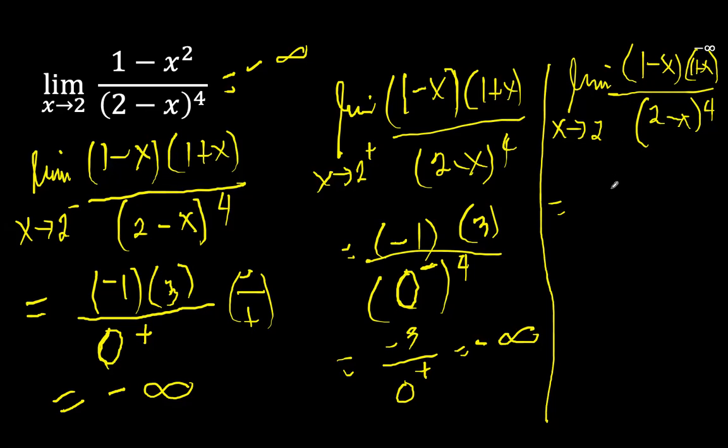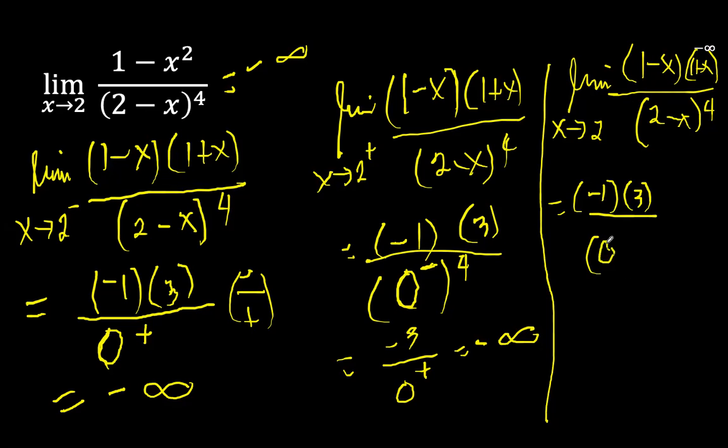So here, the numerator, 1 minus 2, that's negative 1. And 1 plus 2 is 3. And 2 minus x, x values are either less than or greater than 2, but close to 2, okay?